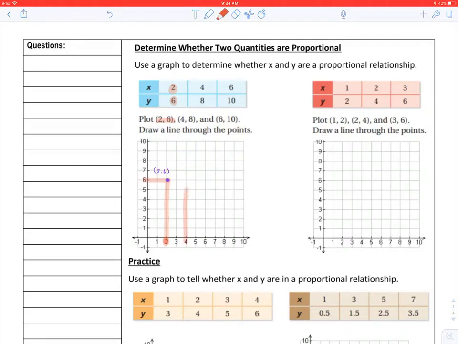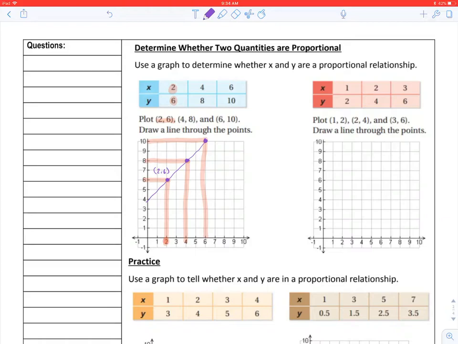So I'm going to go 4 up to 8, puts me right here. And then 6, 10 will put me here. And then if I were to make a straight line out of all these, as straight as I can get it, then this is what my line would look like on my XY graph.